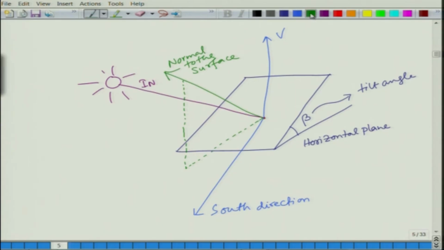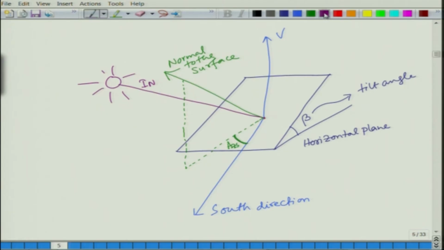let me use the same color coding so that you can understand. So, the angle this projection on the horizontal plane makes with the south direction, this angle is our surface azimuth angle AZS, right.